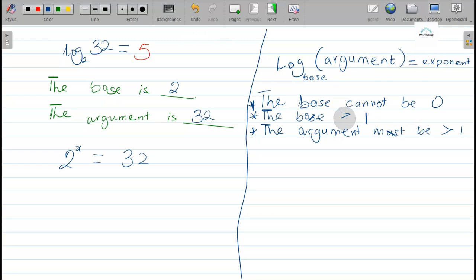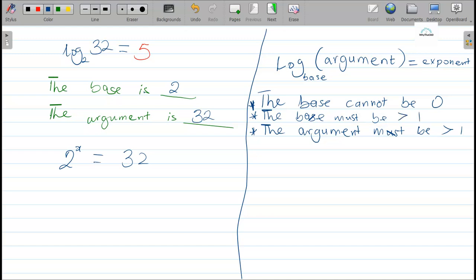Let me take a small eraser. The base must be greater than 1.